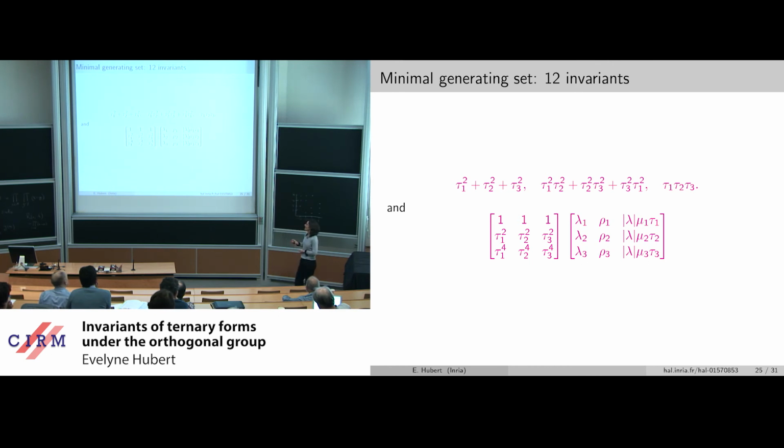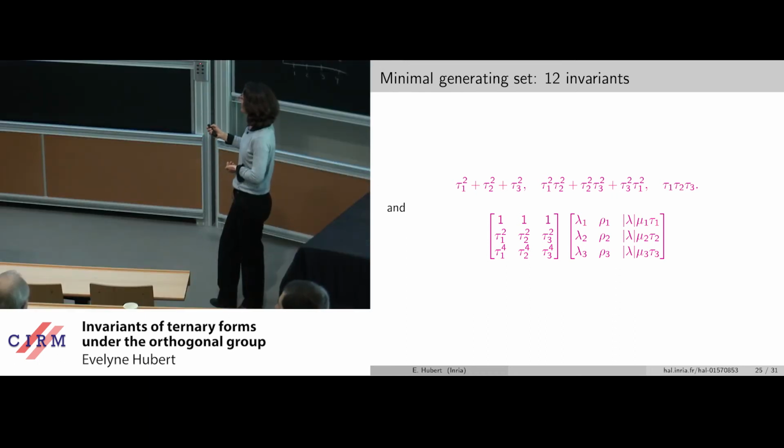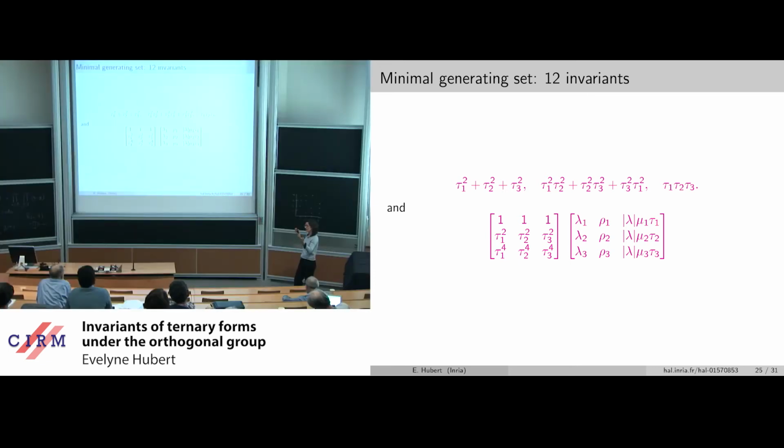So instead of the Vandermonde of the lambda, we use the Vandermonde of the tau square. And here we have the same columns. So this is a set of 9 invariants: you take the product of these two matrices, that gives 9 entries, and these 9 entries are invariants. And what you need to add are those invariants.